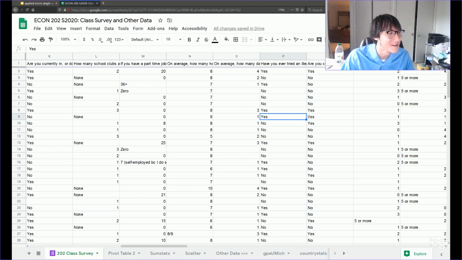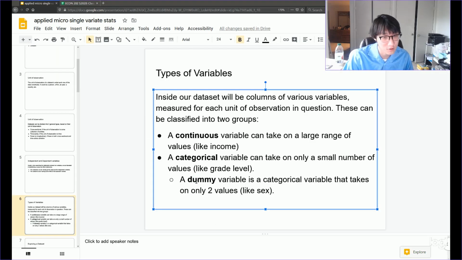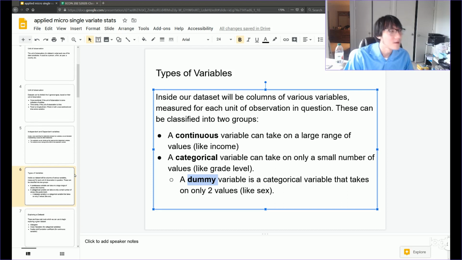I added in "I did not inhale" as a joke answer. But let's look at "are you currently in a relationship?" That one only had two possible choices, yes or no, and so that would be considered a dummy variable. Okay, so that's just some basic data terminology. I hope all of that makes sense, and then I'll see you guys in the next video.